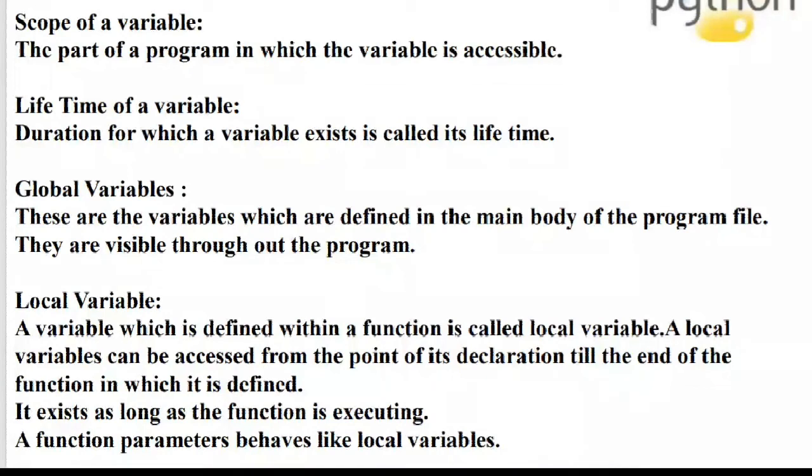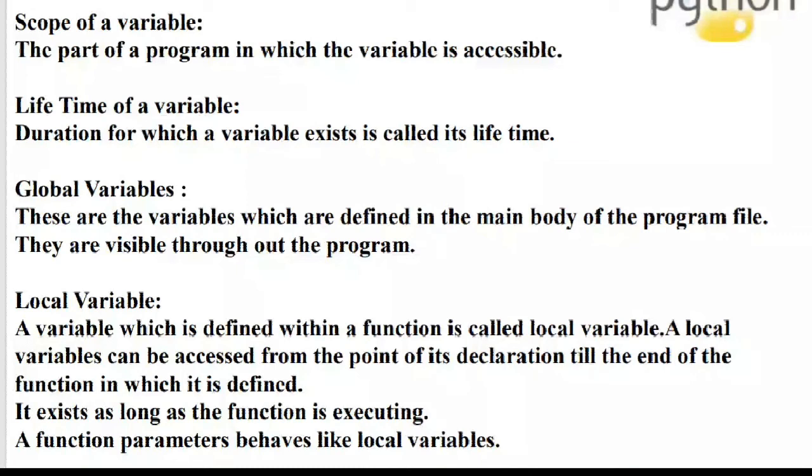They are visible throughout the program. The scope is throughout the program. The variables are available even inside the functions. If you make a variable global, it is available to every part of the program.